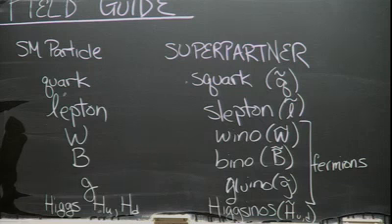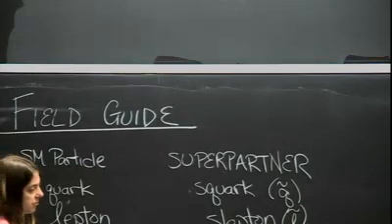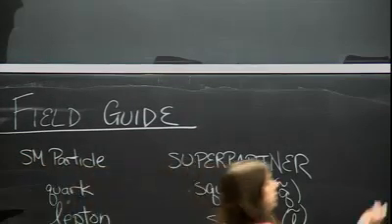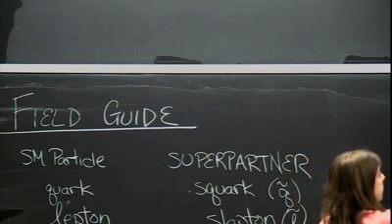One option is to do huge parameter scans: get some big computer, churn through all possible combinations of the parameters, see what's ruled out, see what's ruled in. Another option, and this is what I'm going to do here, just because it's helpful for gaining intuition for what's going on, is to work with what's called simplified models.